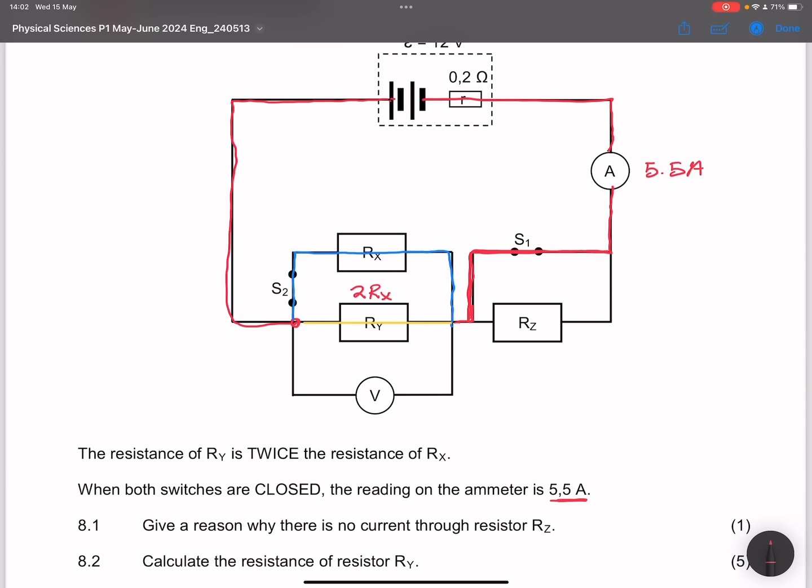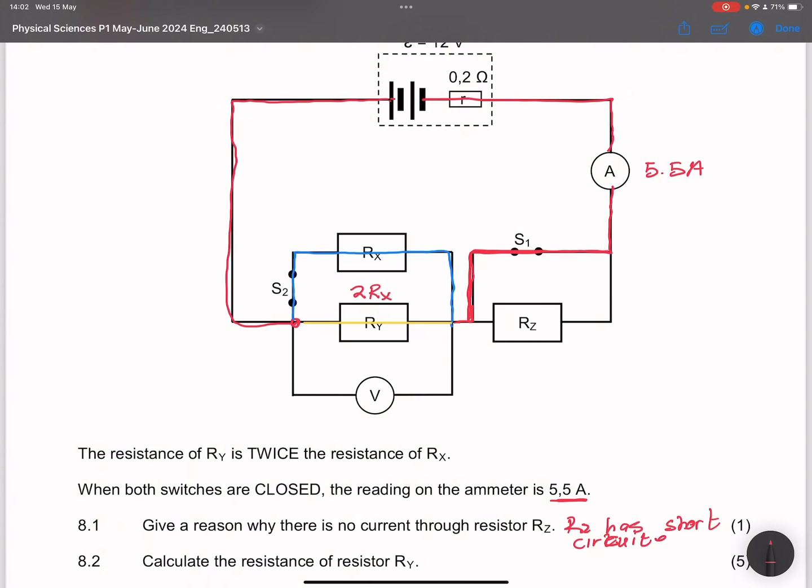We say that resistor Rz has been short circuited. We call that a short circuit when we connect a wire across a resistor.